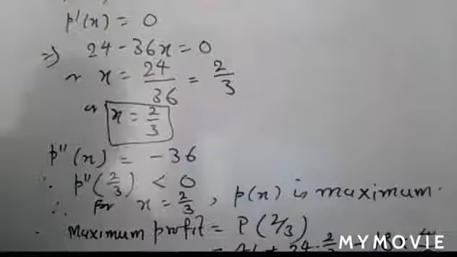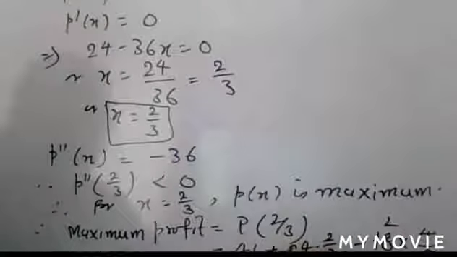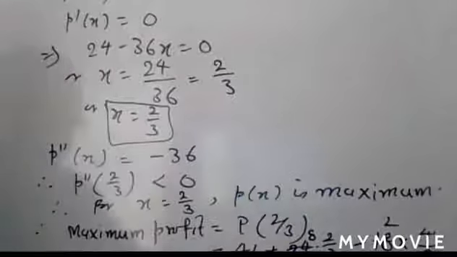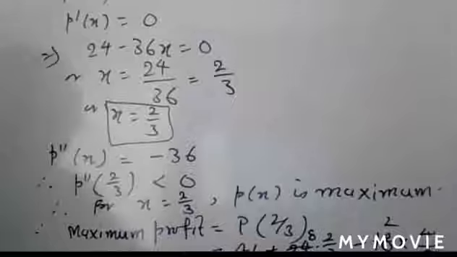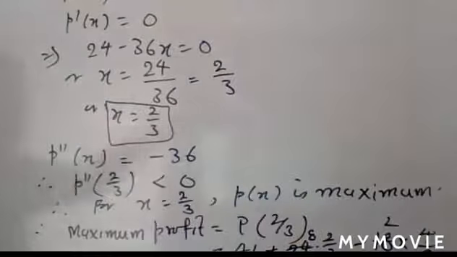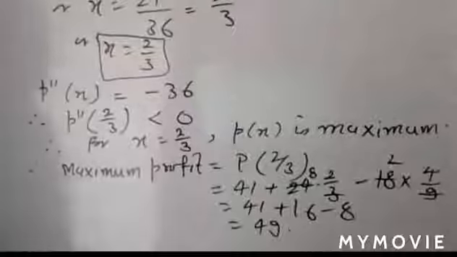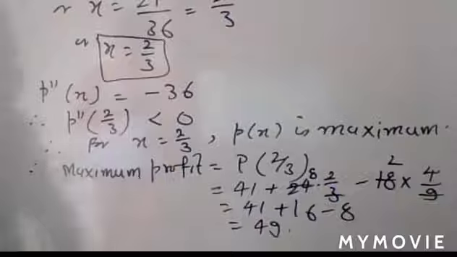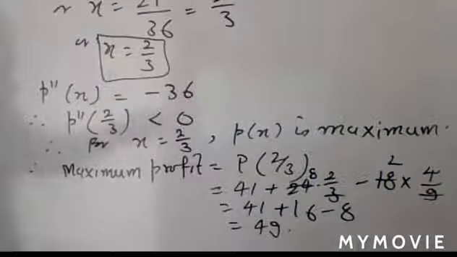Simplifying, 9 2s are 18 and 3 8s are 24. So here you have 41 plus 16 minus 8. So overall 41 plus 8, that means 49. So 49 is the maximum profit. Everyone getting a step here to find the maximum profit? Yes, sir. Okay.